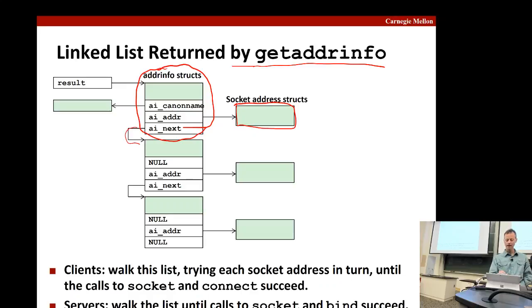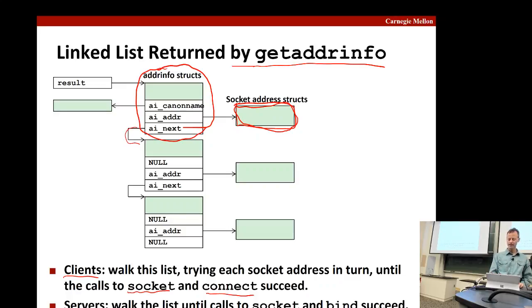So what happens? A client, for instance, will get back one of these lists, and we'll walk through the list and try each one in turn. We might try the first one and ask, can I successfully create a socket and successfully connect based on that one? If not, I go to the second one. If not, I go to the third one. Only if it fails on all of them do I return an error code.